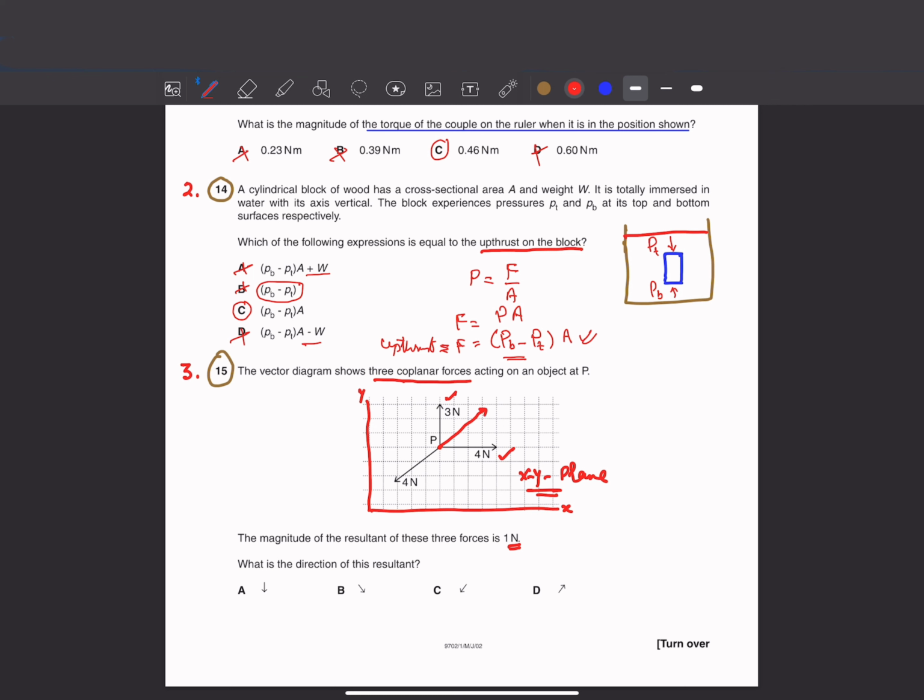This is the Pythagoras theorem, which we will use. Hypotenuse square is equal to base square plus perpendicular square. So what is the base here? 4. So 4 square. What is the perpendicular? 3. So here you have the base, here you have the perpendicular. So 16 plus 9, which is 25. And when you get the hypotenuse, this will be the square root of 25, which is nothing but 5.